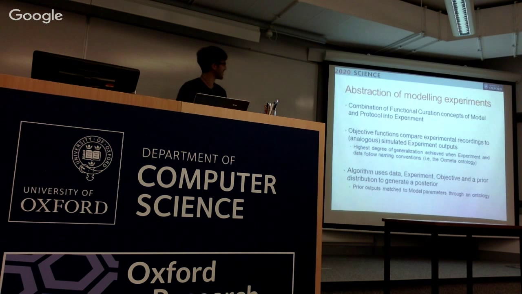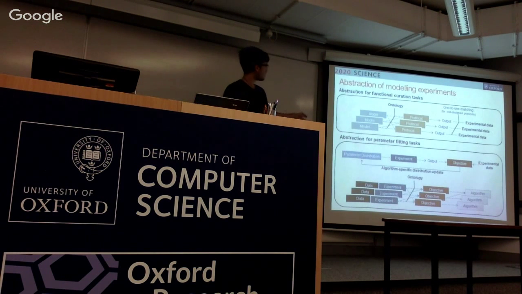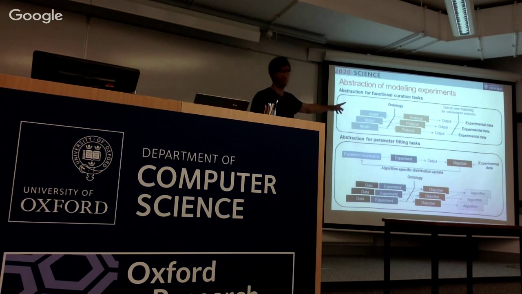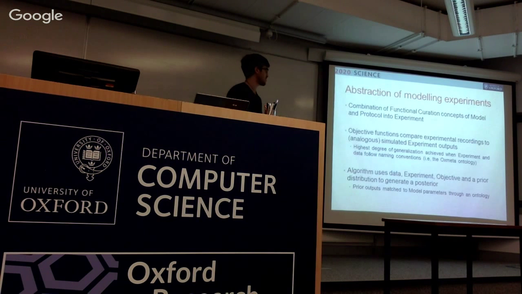Okay. Anyway, slide animations. One of the concerns you may have is that in the previous diagram, we've lost the distinction between model and protocol. We've combined them into the notion of an experiment, which is what we were avoiding in the beginning. But this actually allows us to distance the concepts of an objective function and an algorithm.